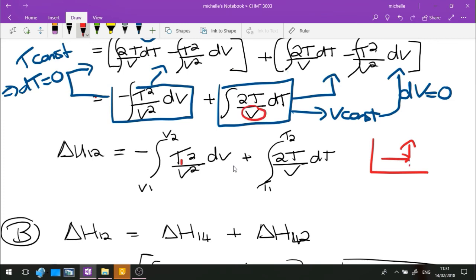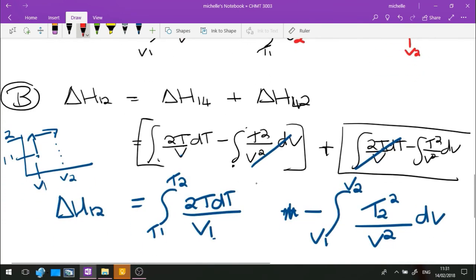V in part 2, my v was constant, so that is v2. So you put in v2 there. Okay, so at least do it graphically first, and you can see what must be kept constant and what must change, and you'll find for exact functions it doesn't depend on the path, you'll eventually get the same delta H.